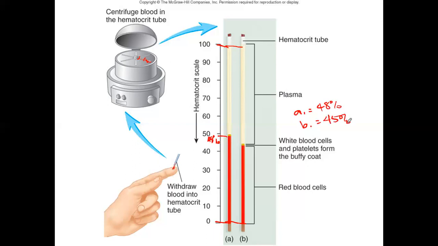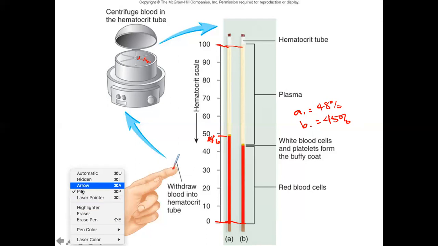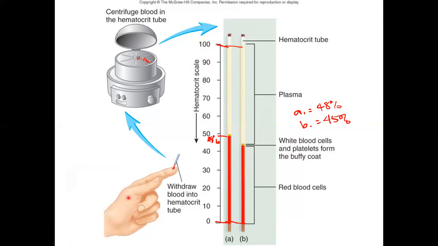Okay, so let me ask you a couple of questions. Which one is male? A or B? Good, A. Why would you say that? Higher hematocrit. Which one is female? B. Why do you say that? Good, lower hematocrit. Which one is someone, let's see, at sea level?